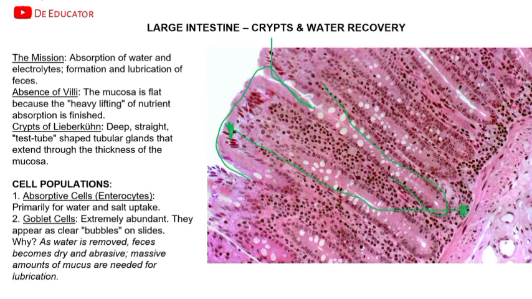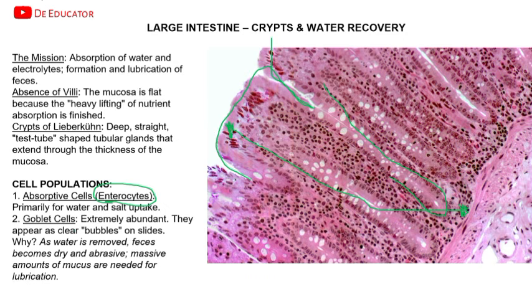What cells are you going to find in the large intestine? You are going to find the enterocytes, whose work is water and salt uptake. You're also going to find goblet cells. In fact, when you hear large intestine and they ask you for cell population, the first cell that should come to mind is the goblet cell. Why?